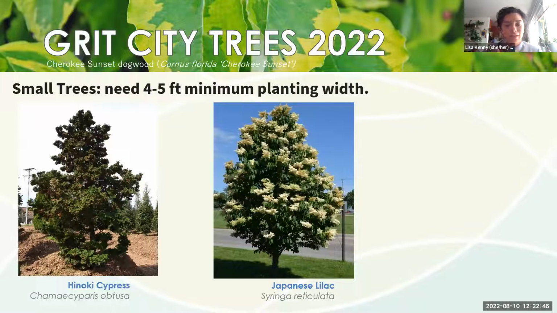They're evergreen, which we love because then you have those benefits all year round, because that tree is photosynthesizing all year round. They make great noise barriers. If you live on a busy street, you can plant these in your right of way to buffer some of that noise or even serve as a windbreak. So that's the Hinoki cypress.